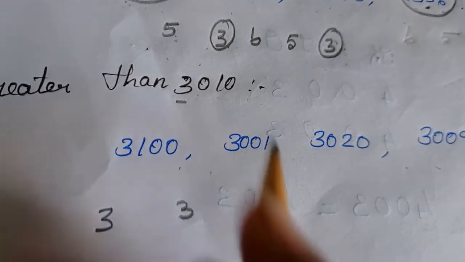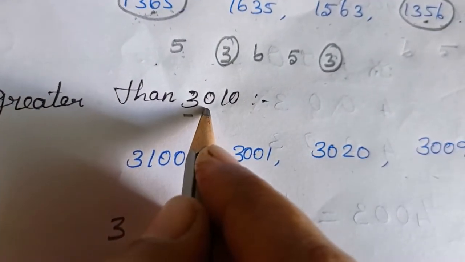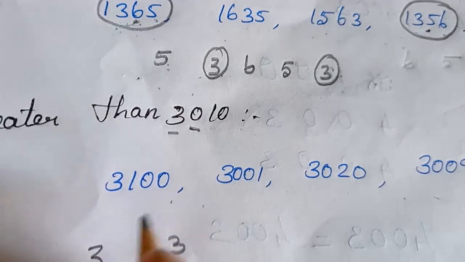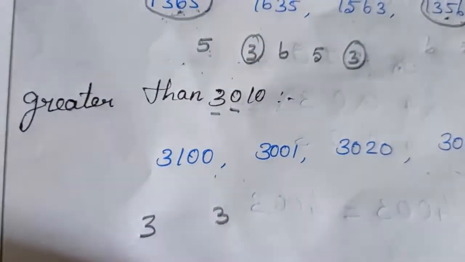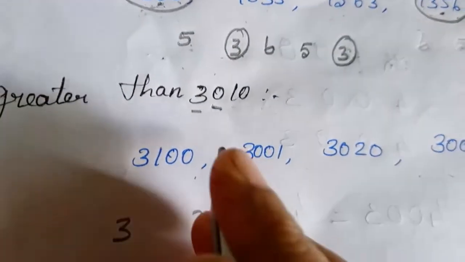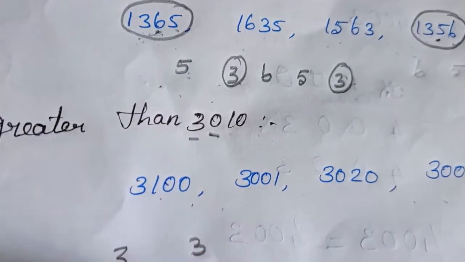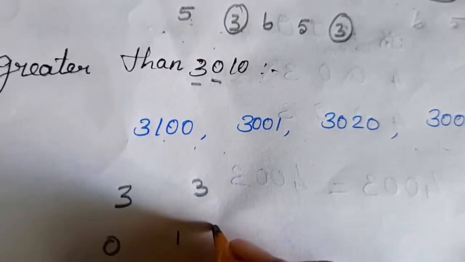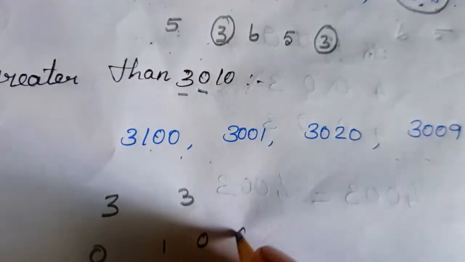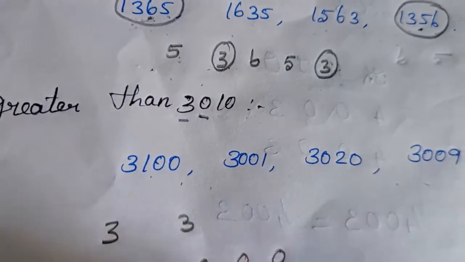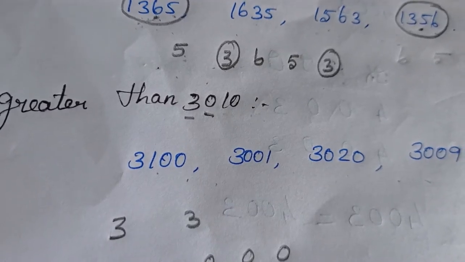Okay, ma? So next, check the hundreds place value. The first number, the hundreds place value is 0. Here the options, the hundreds place values are: first number 1, second number 0, third number 0, and fourth number also 0.